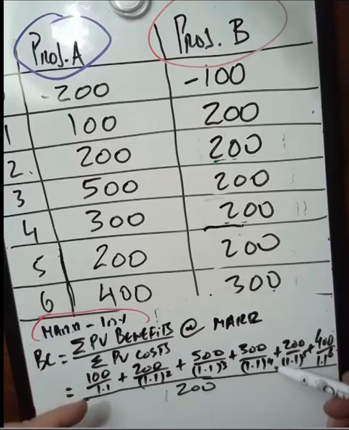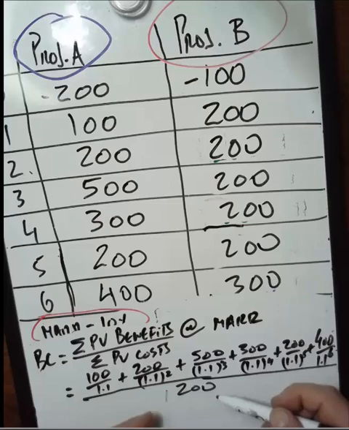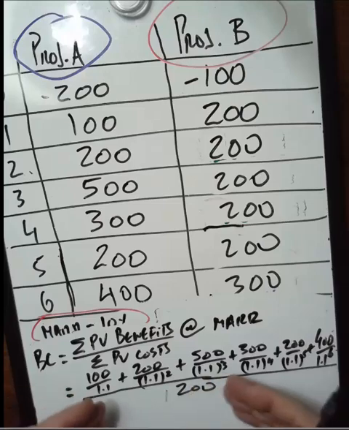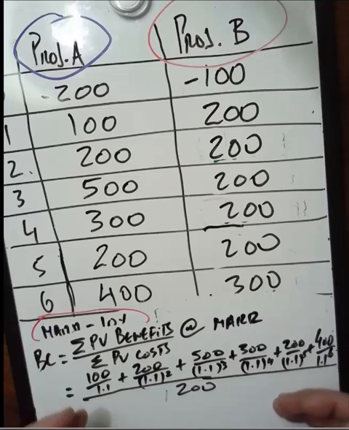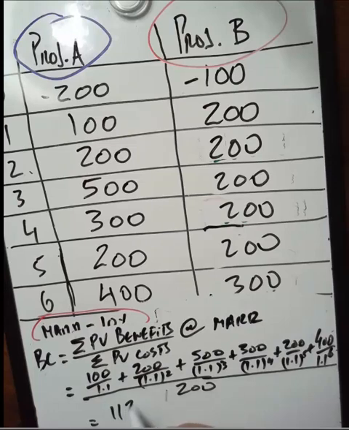If what is in the numerator is smaller than what is in the denominator... So to be acceptable, this ratio has to be greater than or equal to 1. In this case, you will get the ratio of 1186.73 over 200, which means a BC ratio of 5.9337.